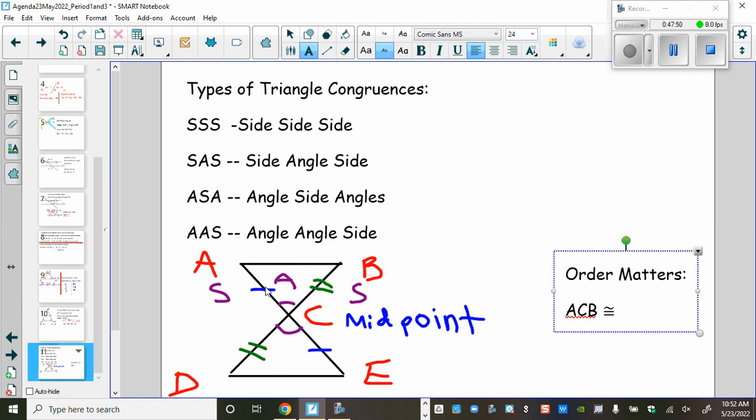If I went from A to C, how many marks did we see? We see the blue mark, right? Okay, so which side on the bottom triangle also has the blue mark? Is it DC or EC? Yeah, you got to go ECD. That's how, remember, your order matters. So one question I might look for the general congruence. The second one, I want the order.